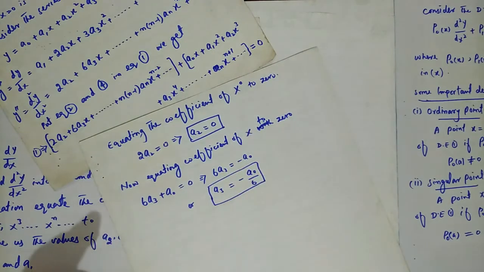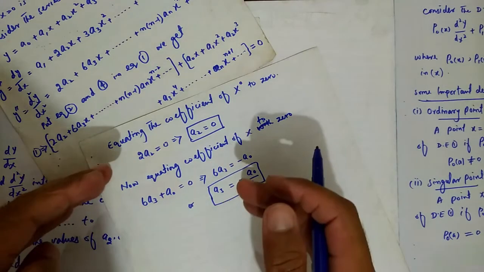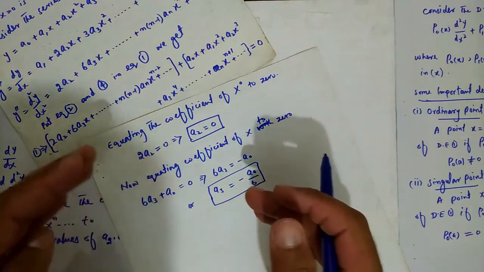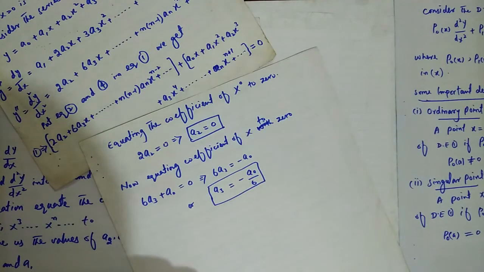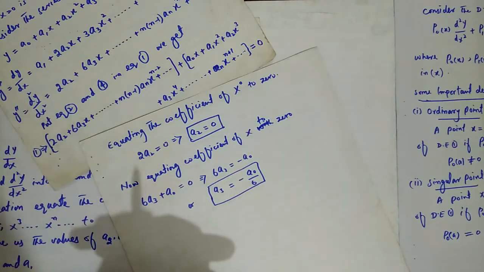So this process goes on, and in the next step we will equate the coefficient of x square to 0. That will give us a4, and we will continue.